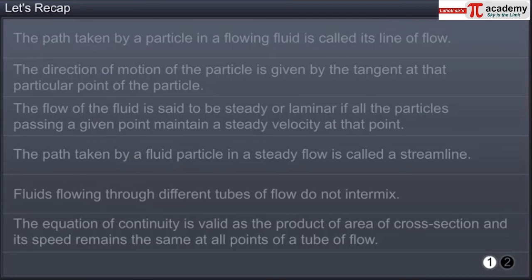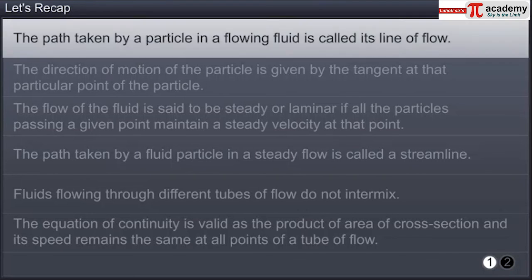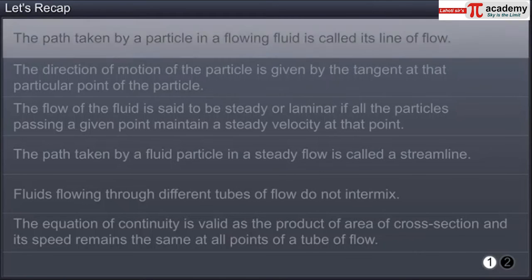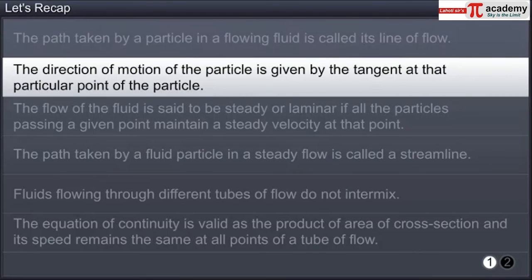You've now reached the end of this module. In this module, you learned that the path taken by a particle in a flowing fluid is called its line of flow. The direction of motion of the particle is given by the tangent at that particular point of the particle.